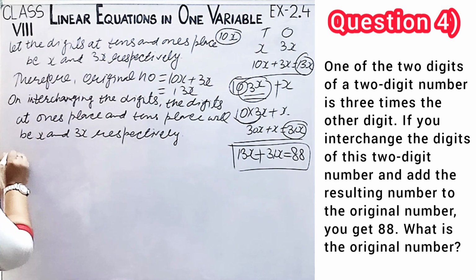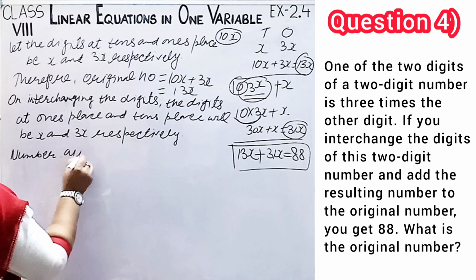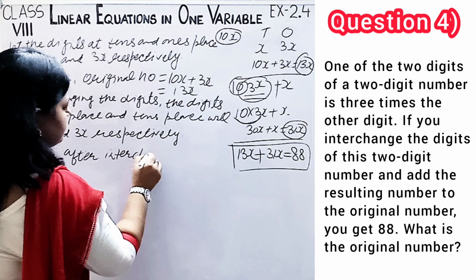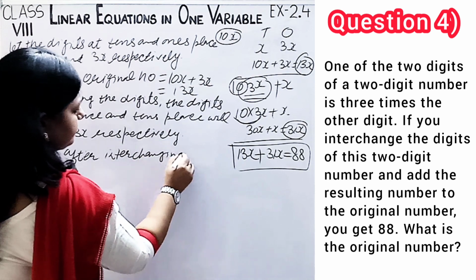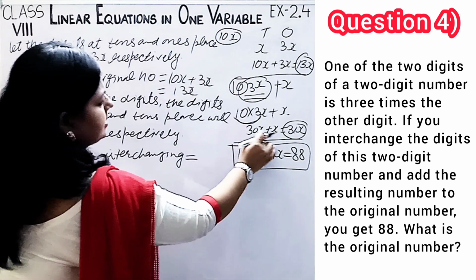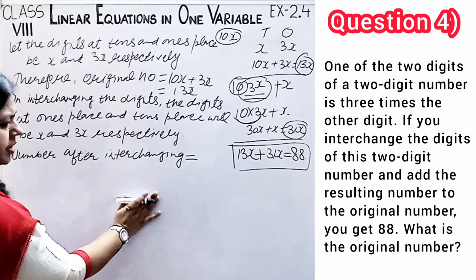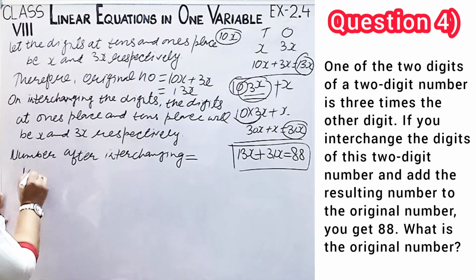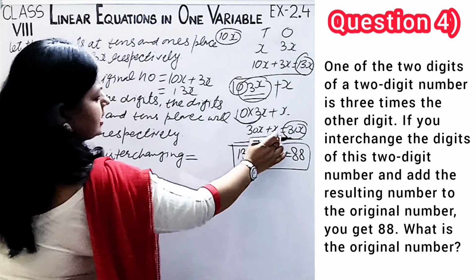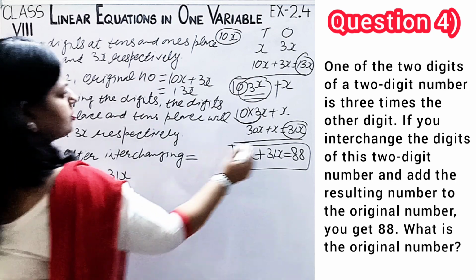So, number after interchanging is equal to, already done here, 10 into 3x plus x. Already we have calculated here, and we got 31x. You can see here.